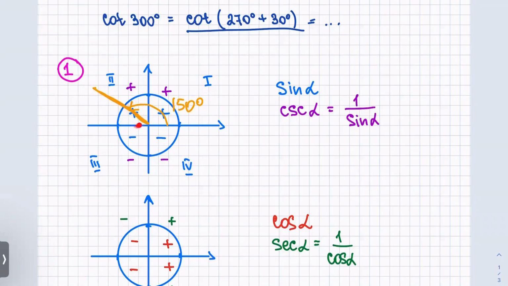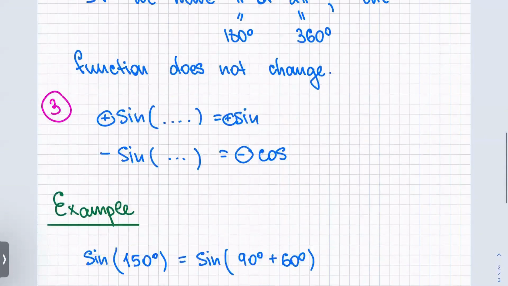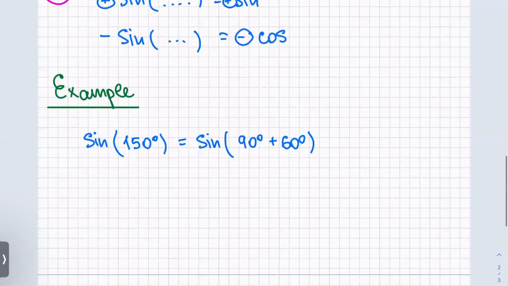So let's see, what was the sign of the sine function in the second quadrant? We see that it was plus, dear students, it was plus. Which means that this function, after applying the reduction formula, will not change its sign, so it will still stay plus. It was plus, so it will be plus.